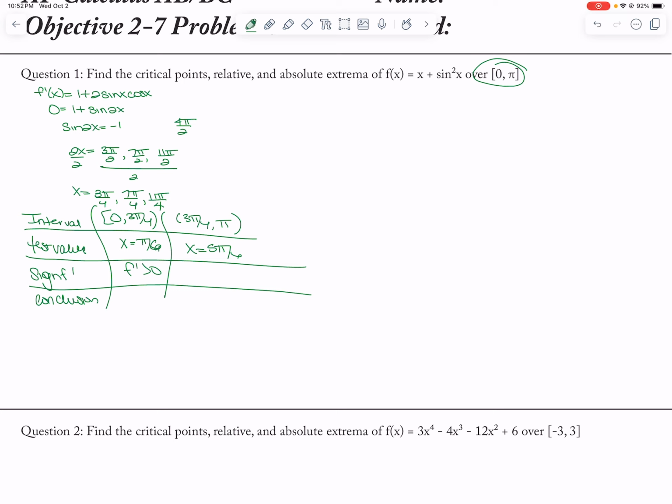Just make sure that I don't mess this up. Sine of 2 times 5 pi over 6 is 1 plus sine of 5 pi over 3. Okay, so the sine of 5 pi over 3 is going to be a negative value.